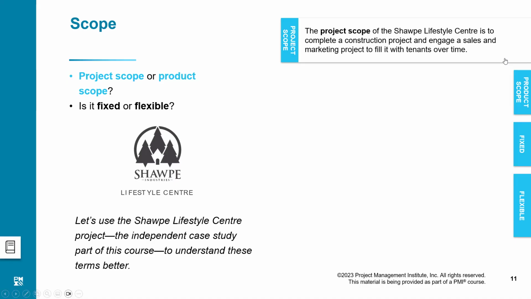Shoppe Lifestyle Center is our project. And the scope of this project is to complete our construction project and engage a sales and marketing project to fill it with tenants over time. So this is not talking about how to do it, it is talking about what to do. So what to do is your project scope, and how to do it is your product scope.